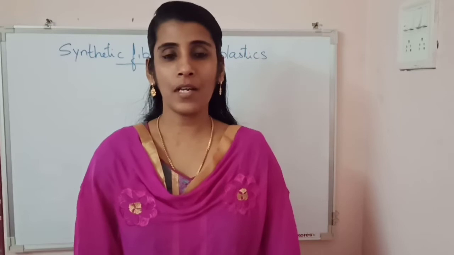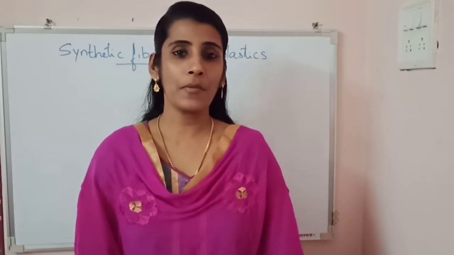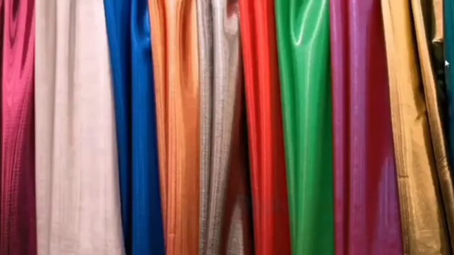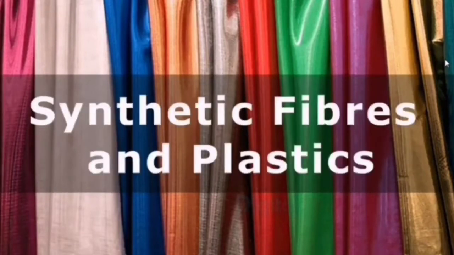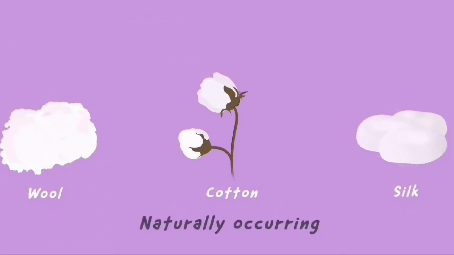Today we are going to start the first chapter of chemistry, synthetic fibers and plastics. We have always used cotton, wool and silk, which are naturally occurring fibers.